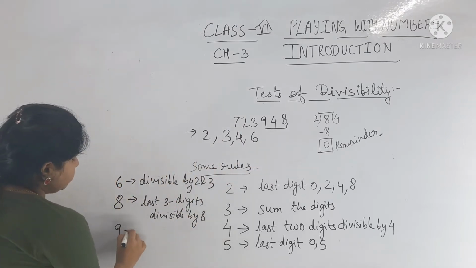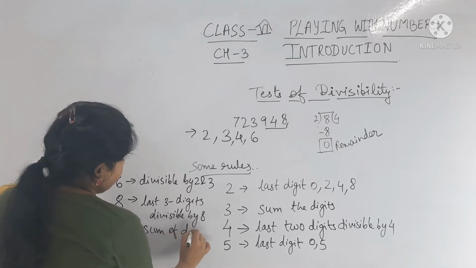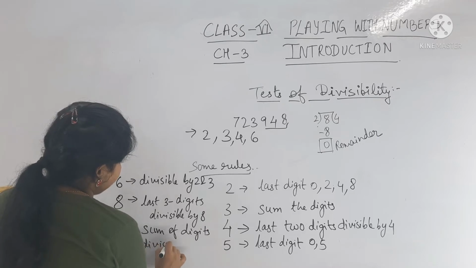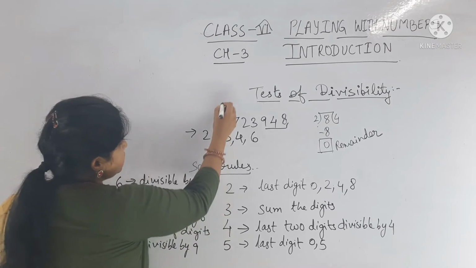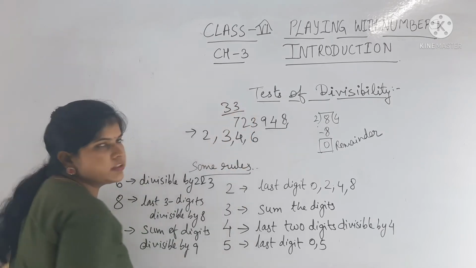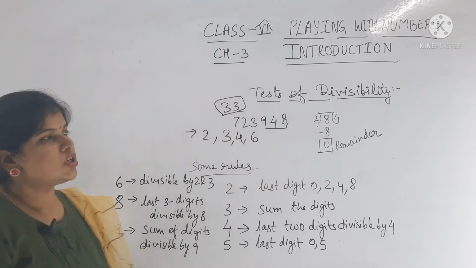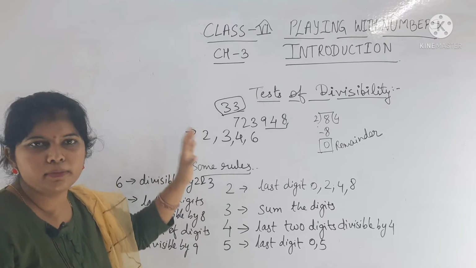For 9, same, sum of the digits. If the sum of the digits is divisible by 9. So we had seen for 3 that the sum of the digits is 33. Okay, 33 is the result for the sum of the digits. So 33 is not divisible by 9. We do not get the remainder 0.